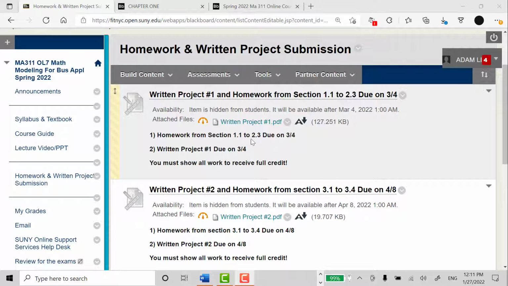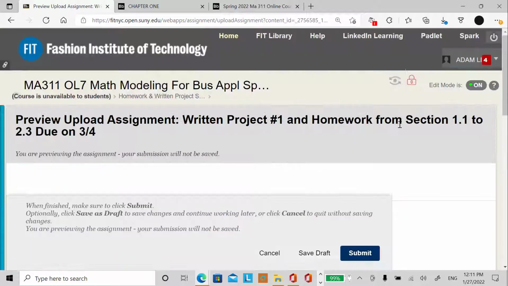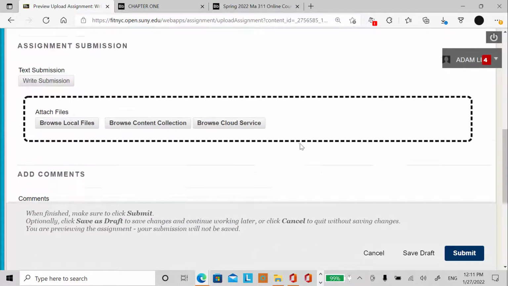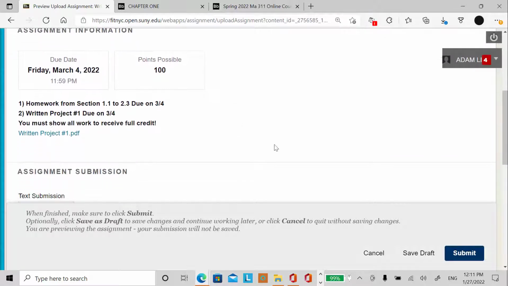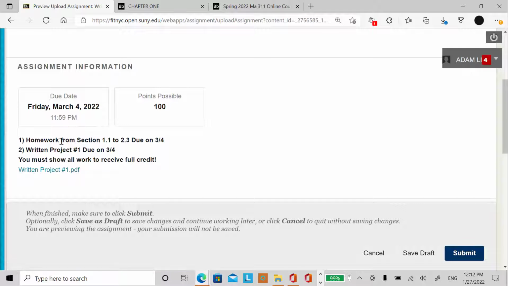Click on this, scroll down a little bit, and then you can browse local files, attach both files, and submit it. I'll grade it, and then you see your grade from written project number 1, and also the homework.